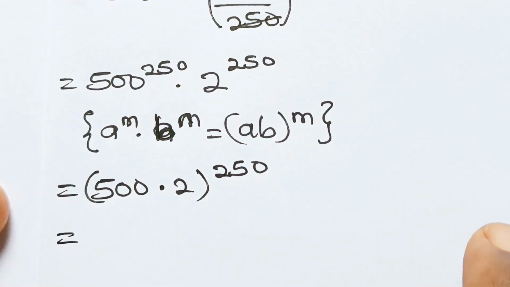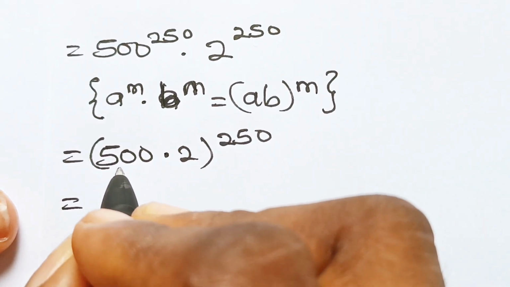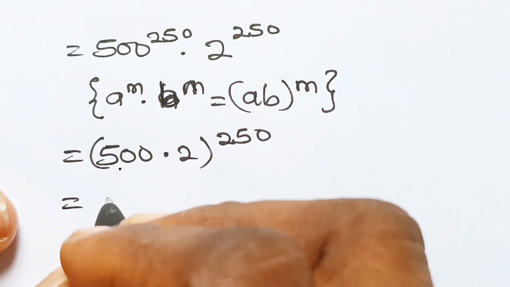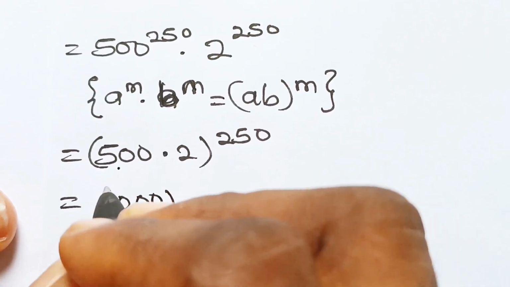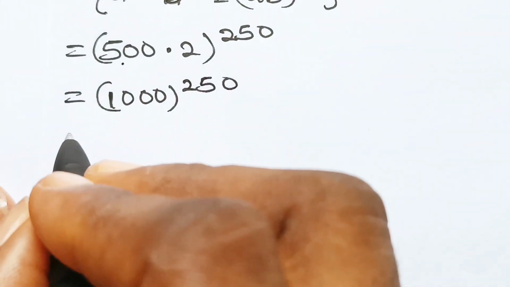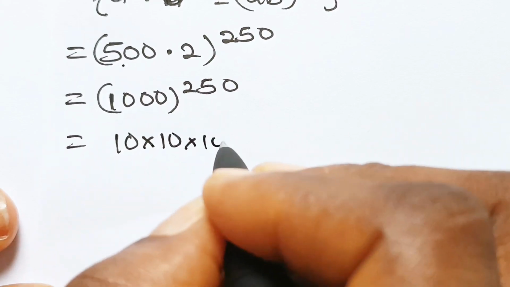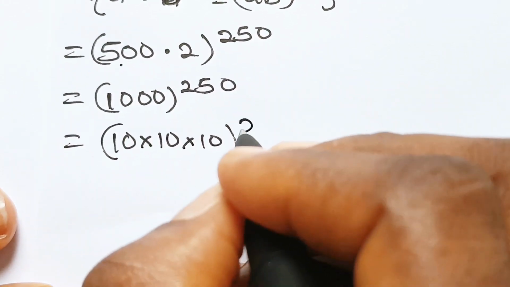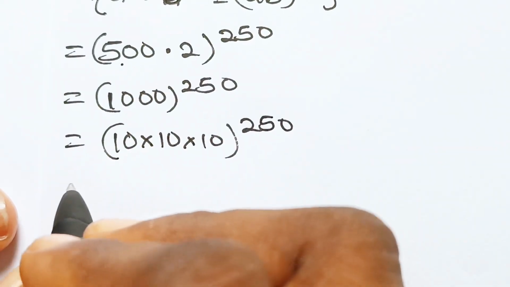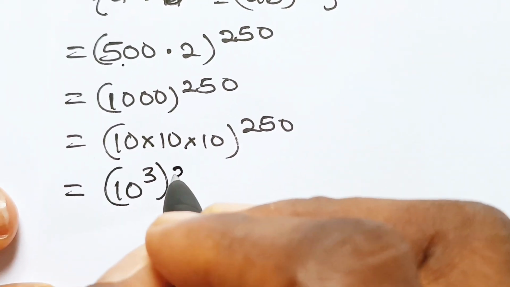So this is equal to, remember that 500 multiplied by 2 is 1000, raised to the power of 250. Now 1000 is the same as 10 multiplied by 10 multiplied by 10, so this is equal to 10 to the power of 3, raised to the power of 250.